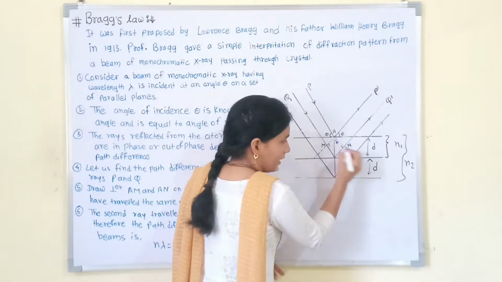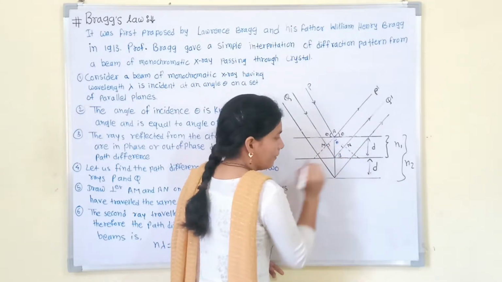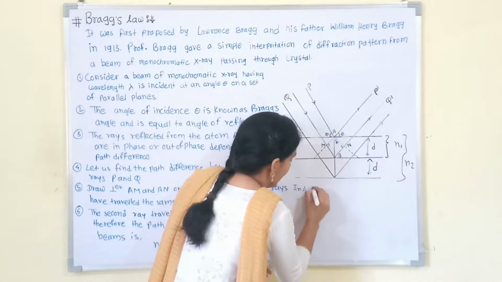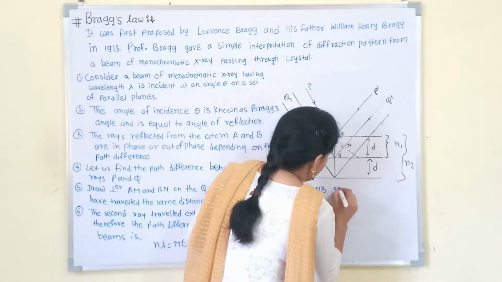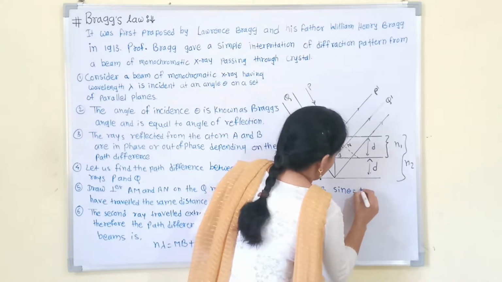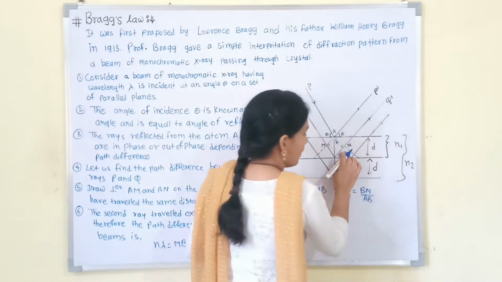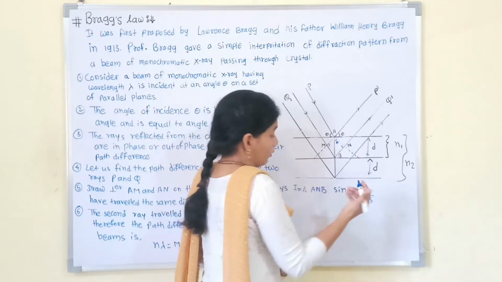From here we can see the right angle triangle ANB. In triangle ANB, sin theta is equal to BN divided by AB, because it is opposite side upon hypotenuse, and the hypotenuse is AB.